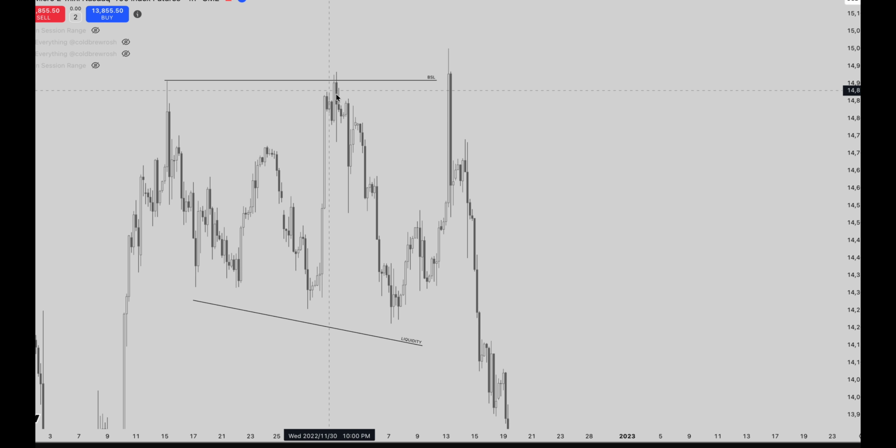So I kind of grouped these highs together because they're pretty close, so we can call that relative equal highs, and you can just pretty much group these together. But price comes down and it doesn't want to go lower, and it's manipulating it and respecting it, I guess you could say.